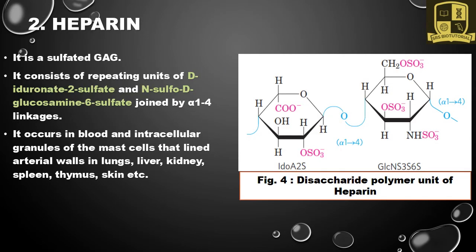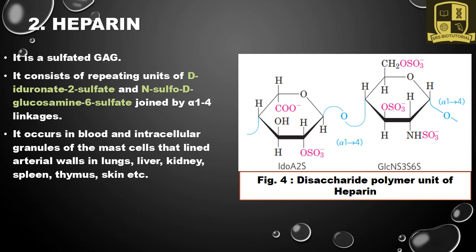Heparin. It is a sulfated glycosaminoglycan. It consists of repeating units of D-iduronate 2-sulfate and N-sulfo-D-glucosamine 6-sulfate joined by alpha 1,4 glycosidic linkage.